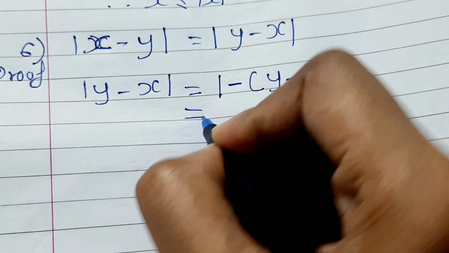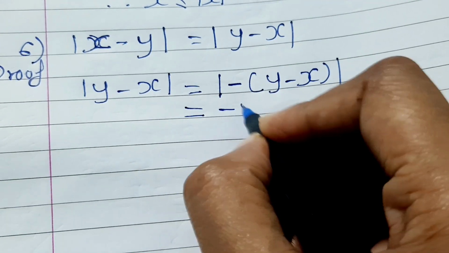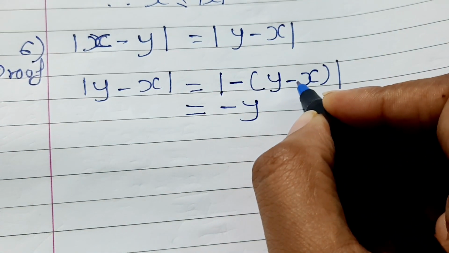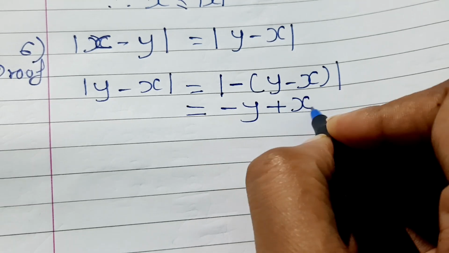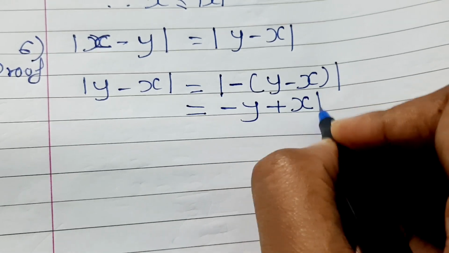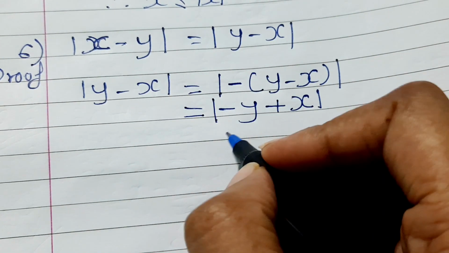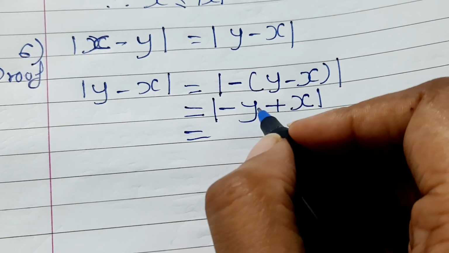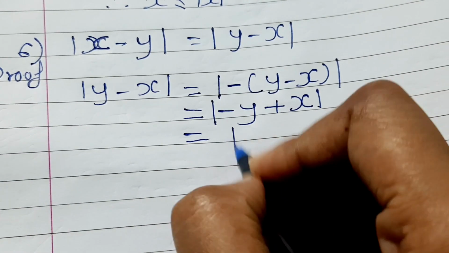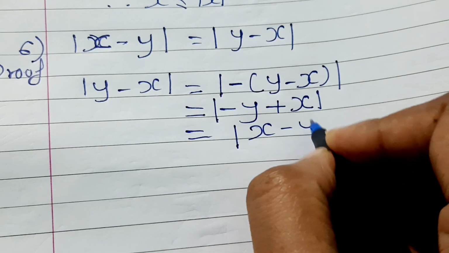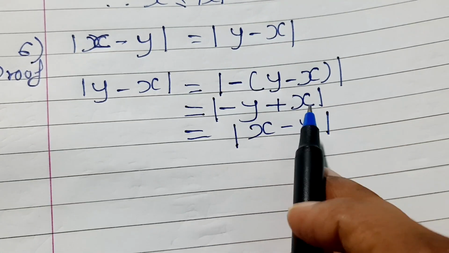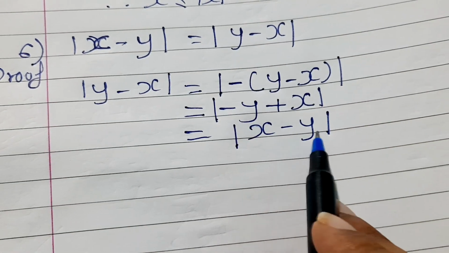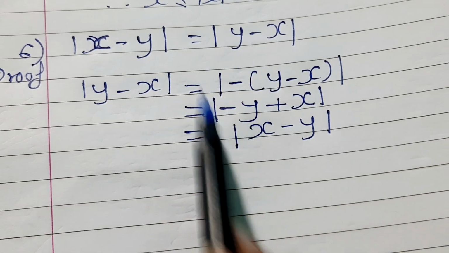Now minus y and minus minus will be plus x. Now you can just replace the positions, so what you get is modulus of x minus y. So finally we proved it, right?